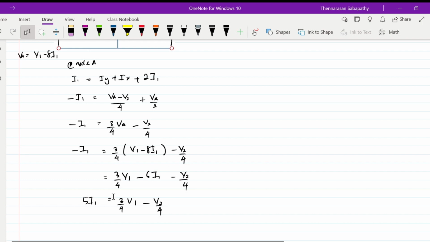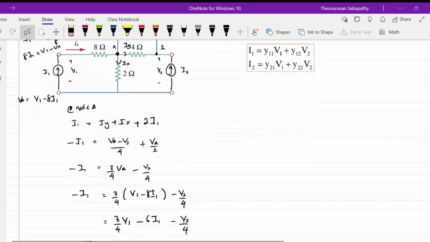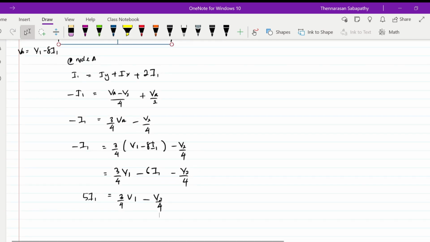And finally, I don't want to have a 5 here. I only want to have I1, because you see here only have I1. So I1 equals 3 over 20 V1 minus 1 over 20 V2, five times four being 20.